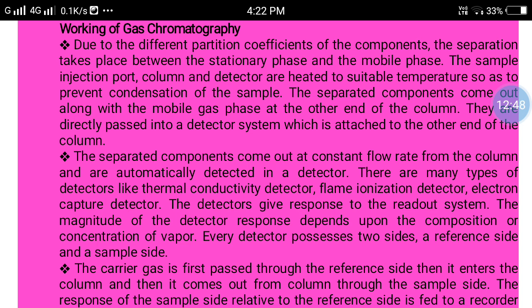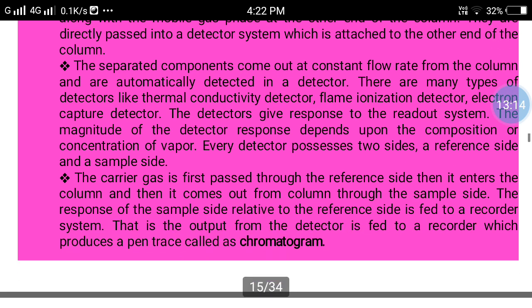There are many types of detectors like TCD, that is thermal conductivity detector, FID, that is flame ionization detector, and ECD, that is electron capture detector. The detector gives response to the readout system. The magnitude of the detector response depends upon the composition or concentration of vapors. Every detector possesses two sides, one is the reference side and another one is the sample side.